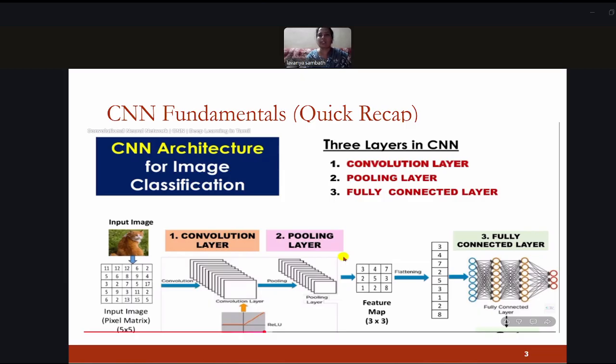Let me discuss how these layers work first, and then we will discuss the advances in modern CNN architectures. The first layer is the convolution layer, the second is the pooling layer. Finally, you have a fully connected layer, from which you can do tasks like image classification or object detection.